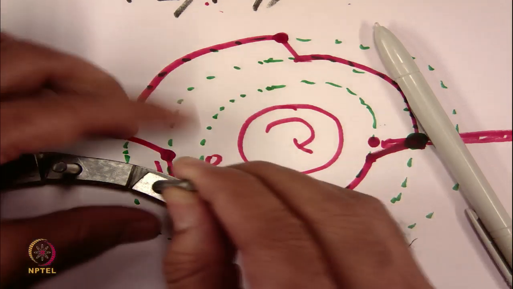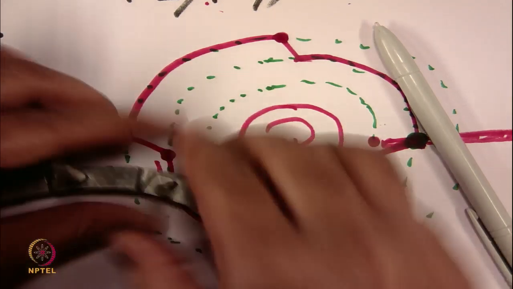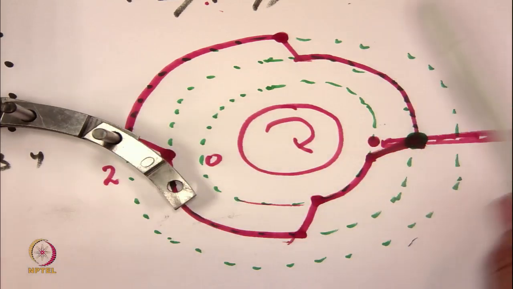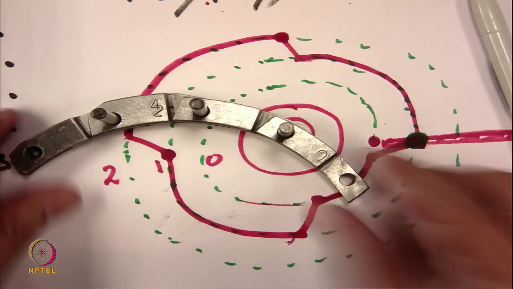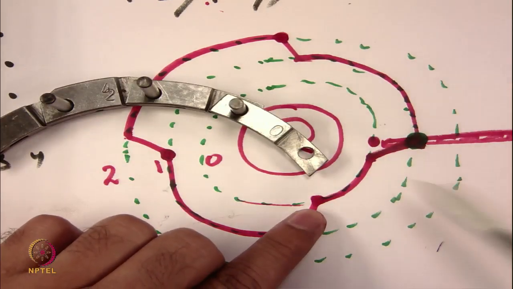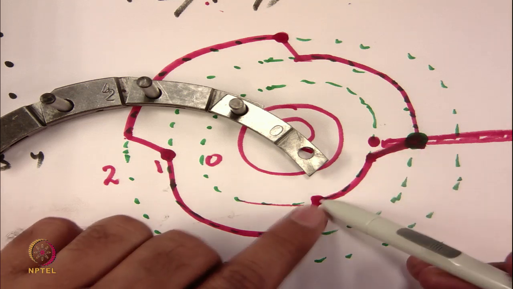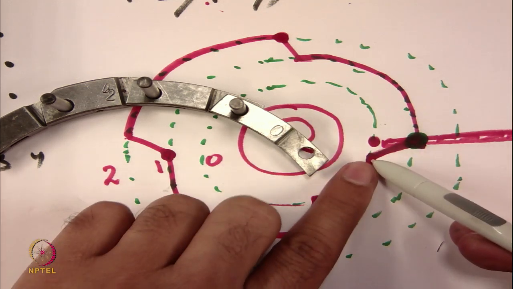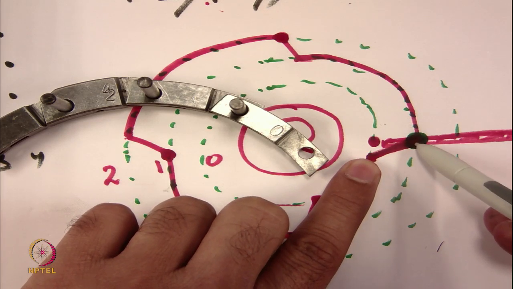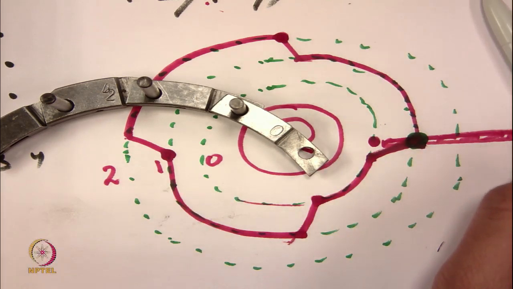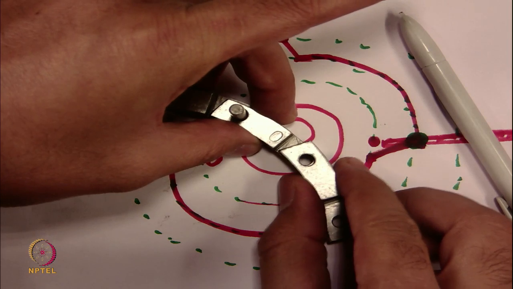Okay. So, after this is swinging. Once this is done, then it has to go back to its second position. So, this could be your second position again.